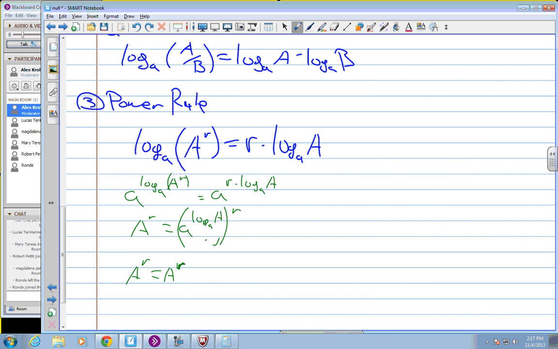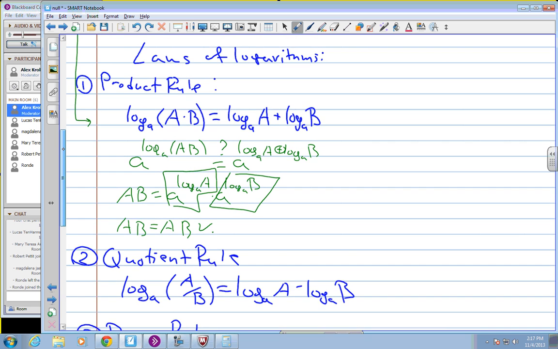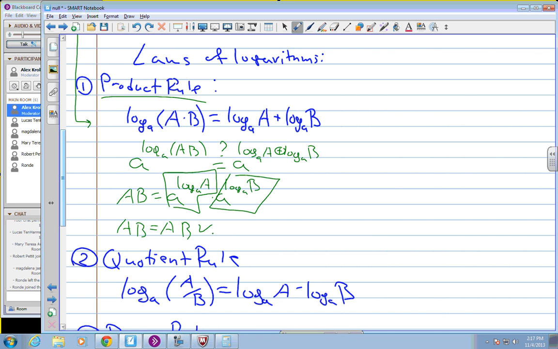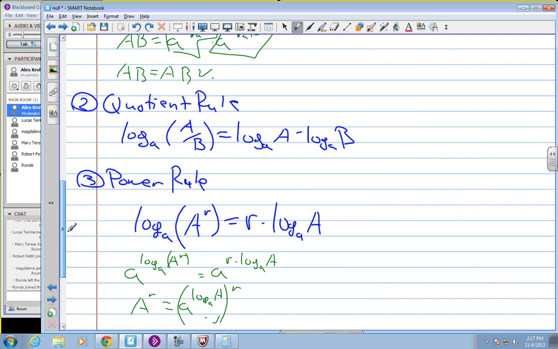Now, why do you think the first rule is called the product rule? Because they're multiplied. Yeah, it has something to do with the product. And why do you think the second rule is called the quotient rule? Because there is some kind of division. But why do you think the third rule is called the power rule?